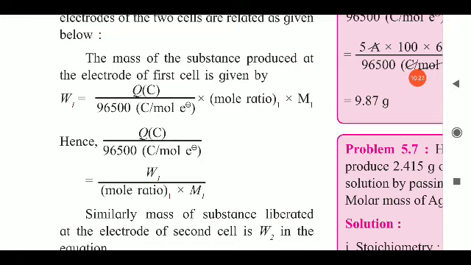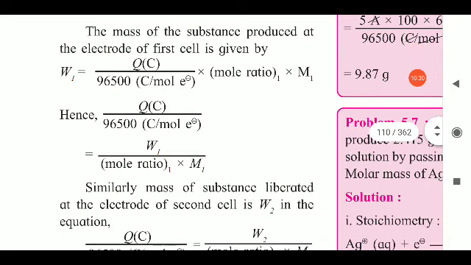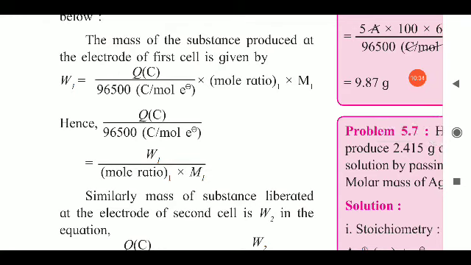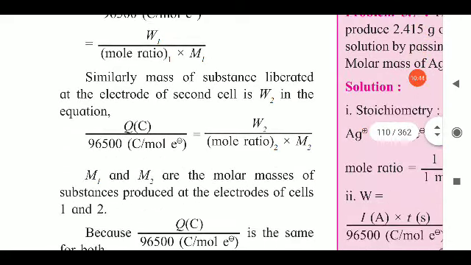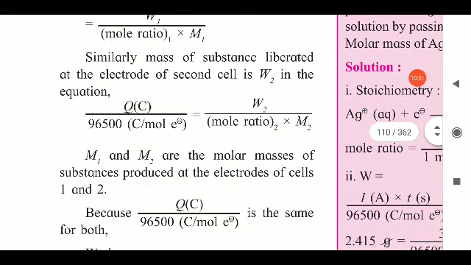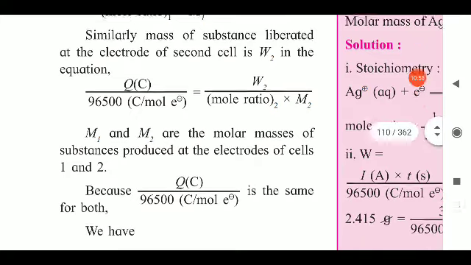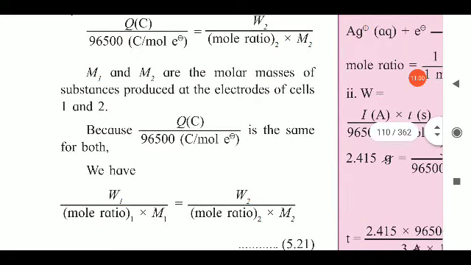Now students, if we connect a number of cells in series, then we can use W2 and M2, mole ratio 1, mole ratio 2. Similarly, for the mass of substance liberated at the electrode of the second cell, we can modify that equation like this, that is W2 divided by mole ratio 2 into M2.